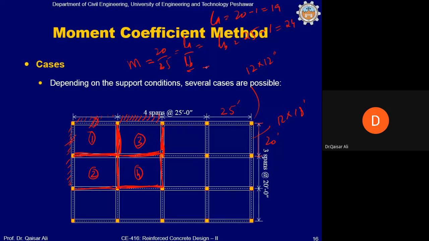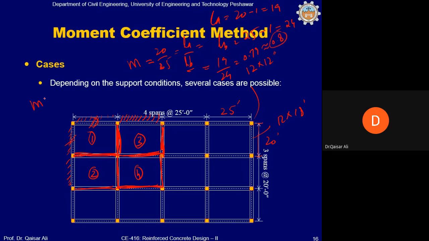So La divided by Lb will be 19 divided by 24. It is how much? 19 by 24. 0.79. So it is closer to 0.8. So we can take m equal to 0.8.